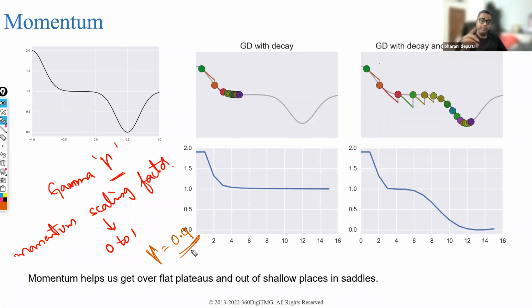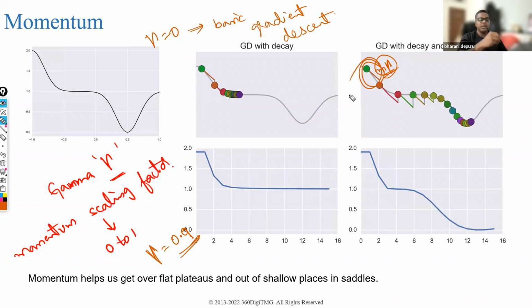If you apply gamma value as 0, that means you are using the basic gradient descent algorithm. There is no momentum being applied, because momentum times gamma becomes 0, so nothing from the previous step is added to the current step.